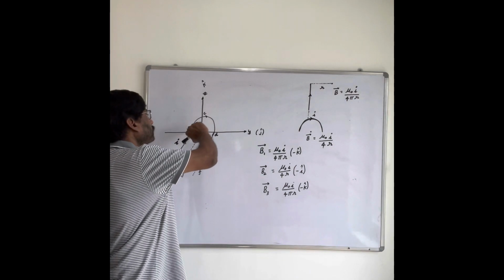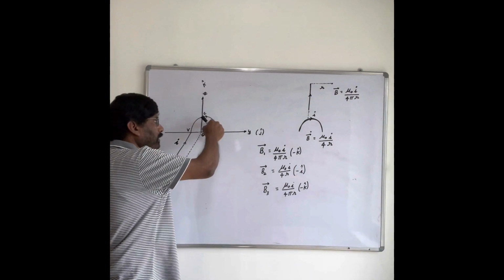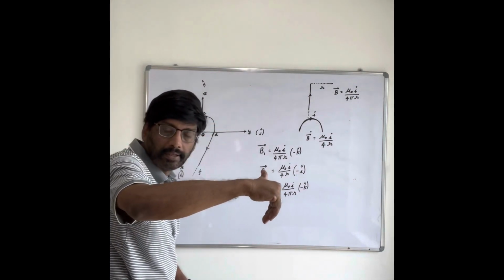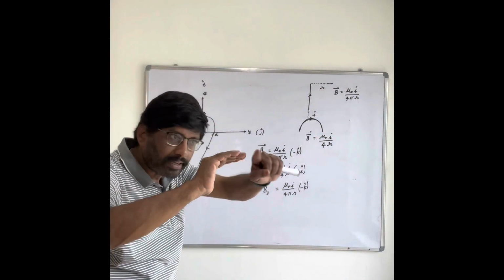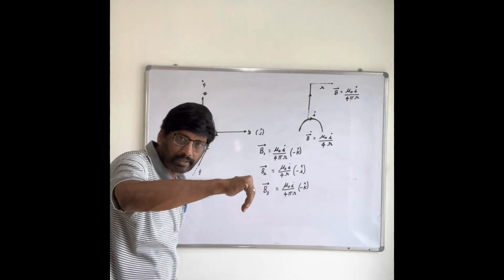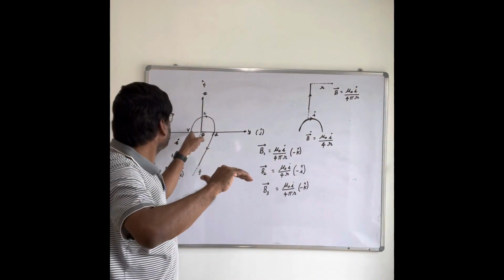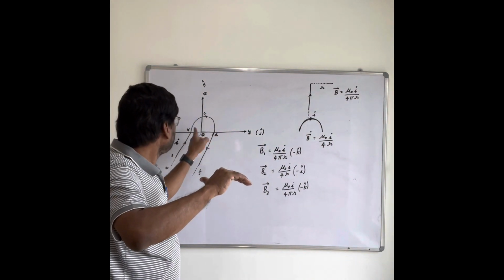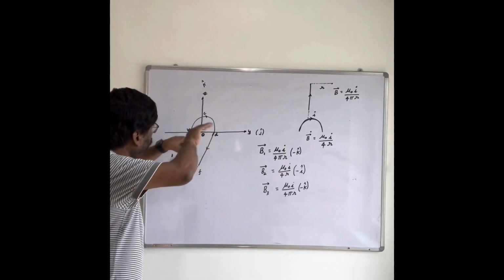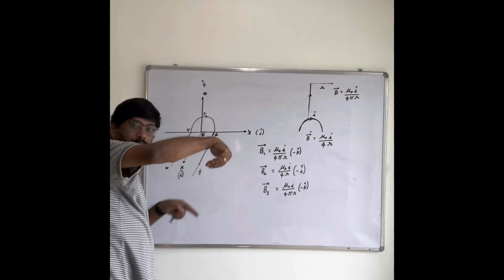Now look at the semicircular part. If the fingers indicate the direction of current, the thumb indicates the direction of magnetic field. It is in the YZ plane. So what is the magnetic field at this point due to this direction?